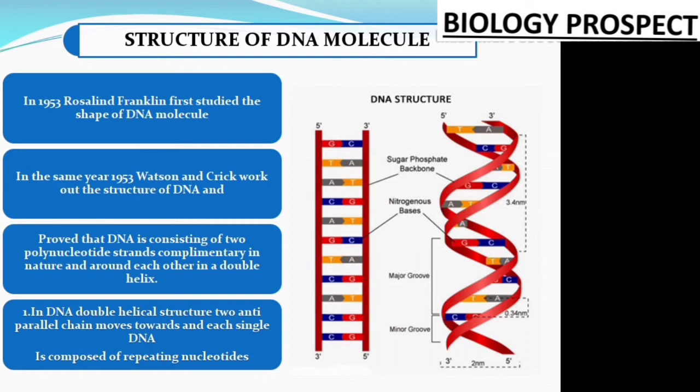Now students, that is the structure of the DNA. I already told you that DNA has a double helical structure, that is, DNA contains a double helix. The full length of the DNA is called the DNA strand.